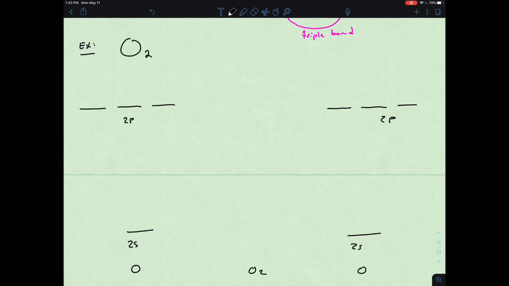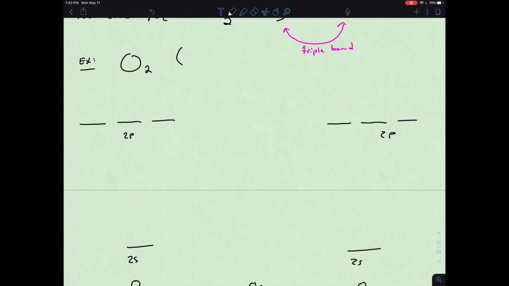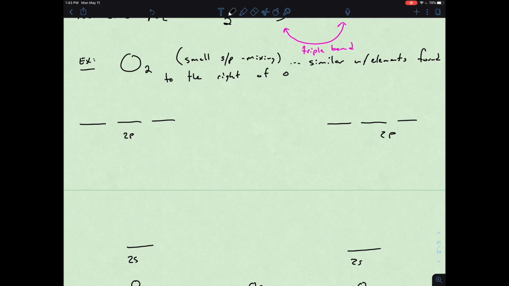But with oxygen, we actually have very small sp mixing. And this is similar with elements found to the right of oxygen.